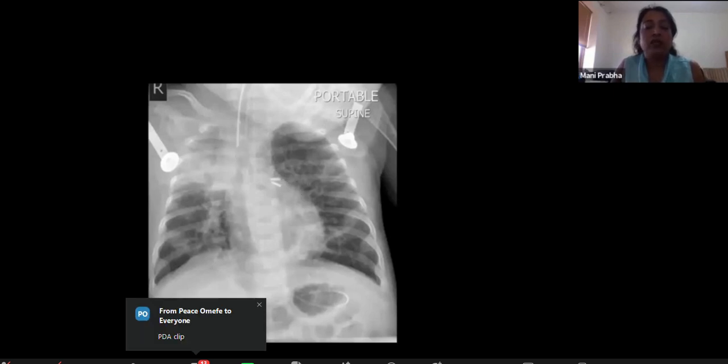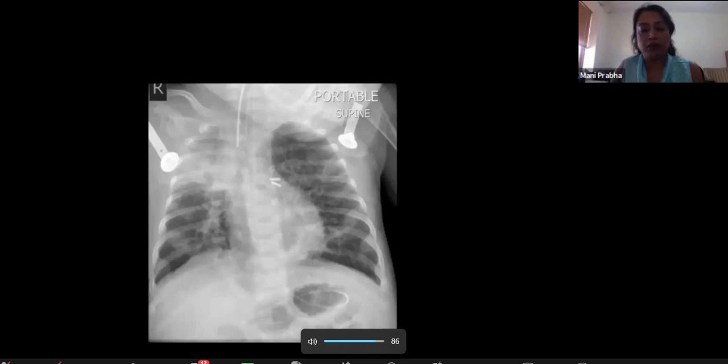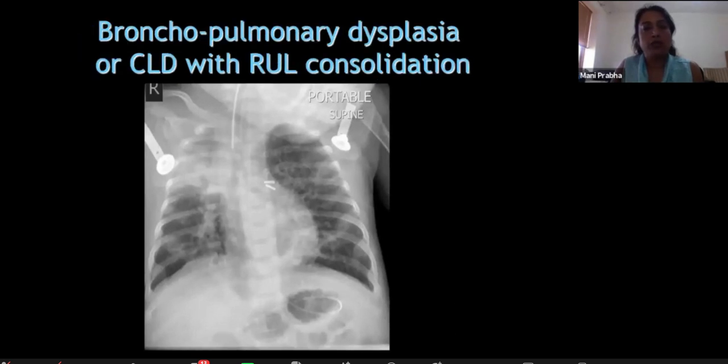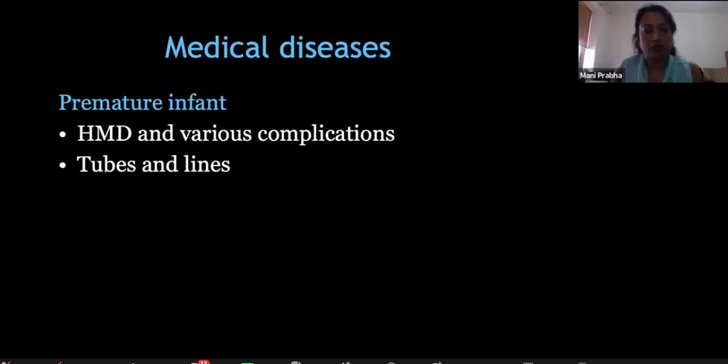These children are prone to repeated infections, and they keep on attending the A&E and the GP clinic because the architecture of the lung parenchyma is distorted. They come with apneic episodes, infective episodes, all those things. So bronchopulmonary dysplasia or chronic lung disease with right upper lobe consolidation in this.